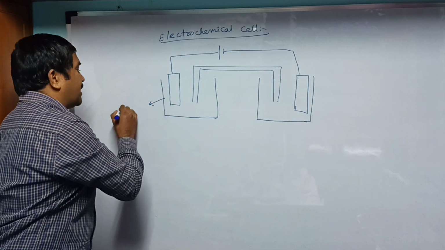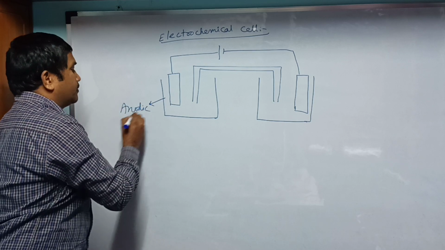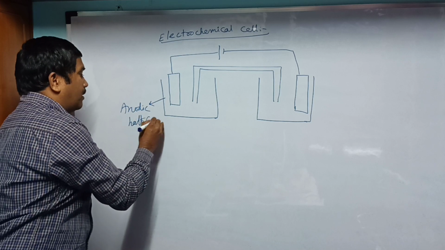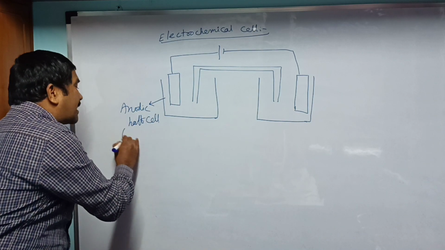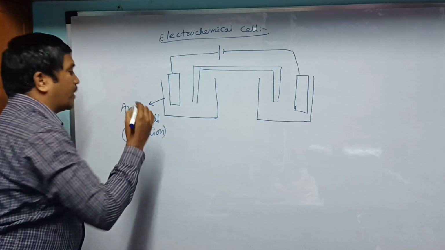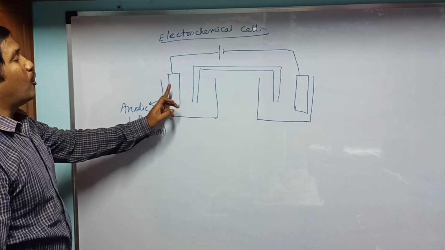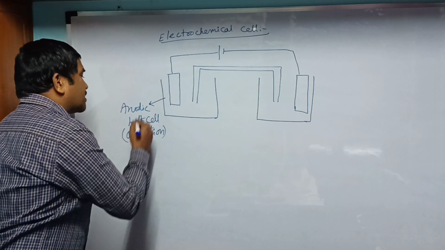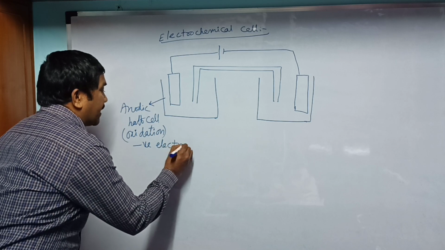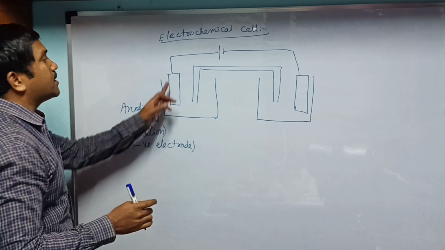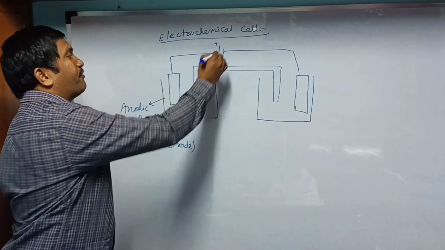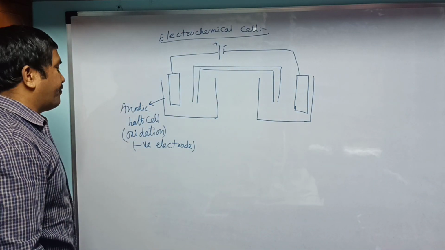This left side half cell is called anodic half cell. At anodic half cell, oxidation takes place. That means this is called anode. This anode is the negative electrode. This negative electrode is connected to the positive terminal of the battery.